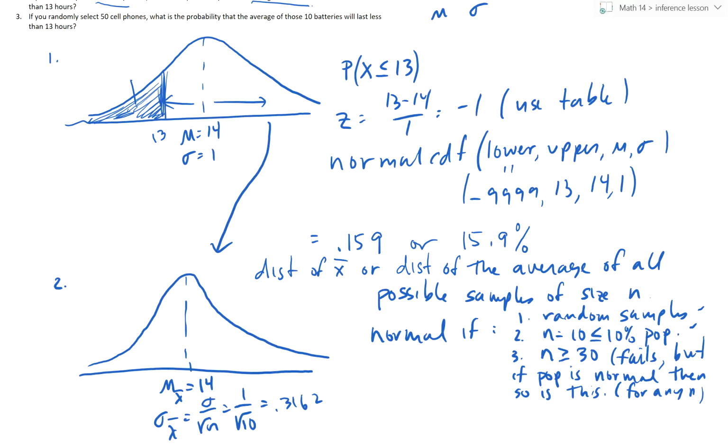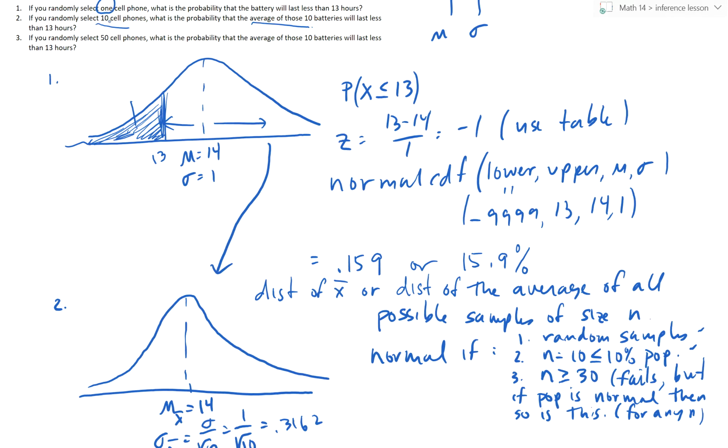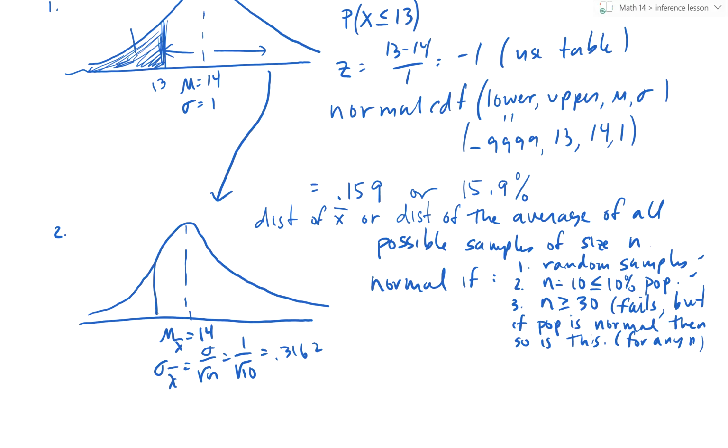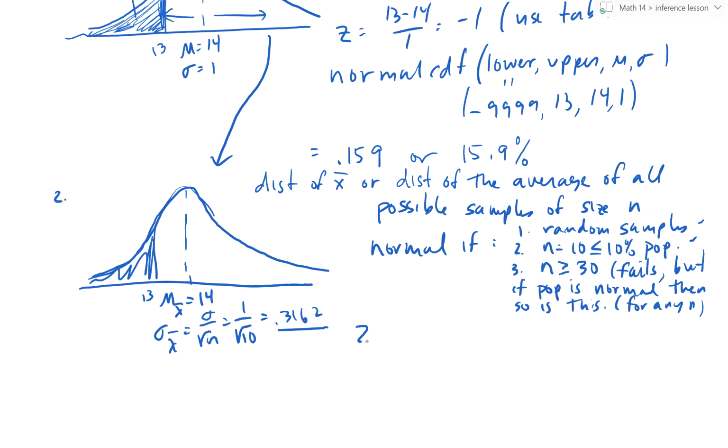And now what is this question asking? If I select 10 phones, what's the probability the average is less than 13? Notice the standard deviation is smaller, so my data is squished in tighter around the mean. Now I'm finding that area. I could find the z-score, 13 minus 14 divided by 0.3162, and then use a table.